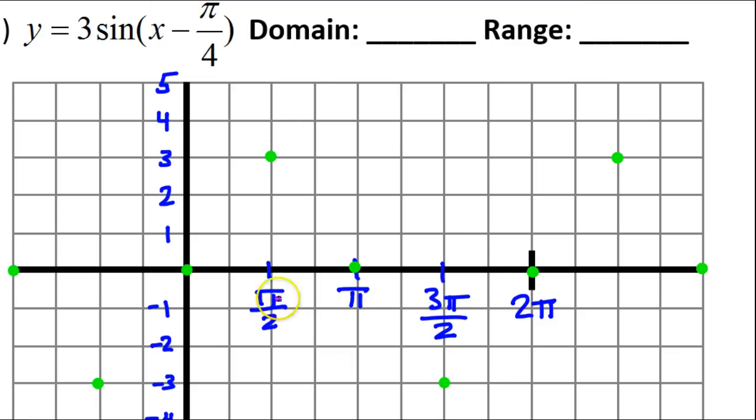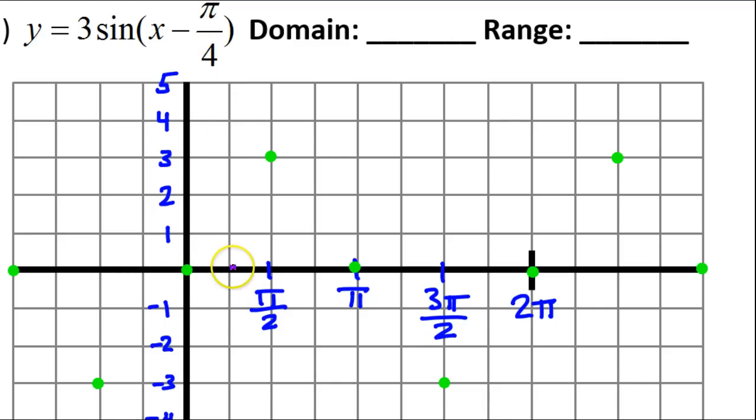Okay, so look, this is pi over 2 right here. So this would be pi over 4. That's important because the scale changes from problem to problem. But on this problem, pi over 4 is 1 square. So everything needs to move 1 square, pi over 4, to the right.